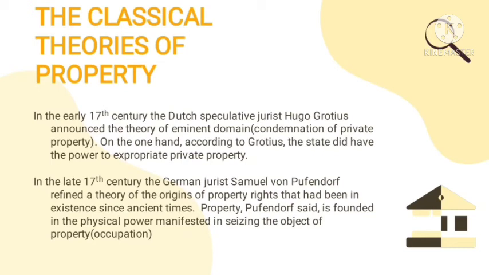The idea was not original, but Grotius stated it in such a way that it became a commonplace of Western political thought. In the late 17th century, the German jurist Samuel von Pufendorf refined a theory of the origins of property rights that had been in existence since ancient times. Property, Pufendorf said, is founded in a physical power manifested in seizing the object of the property, occupation.